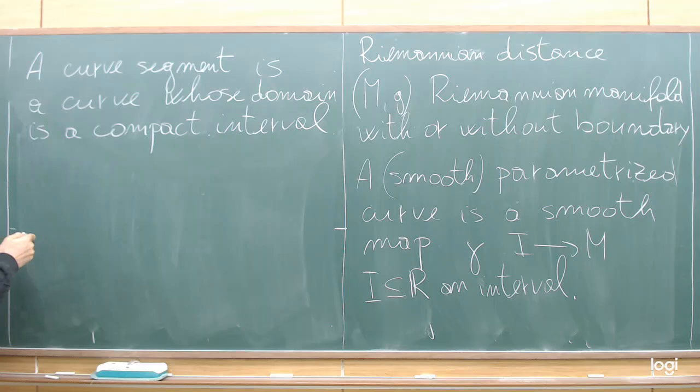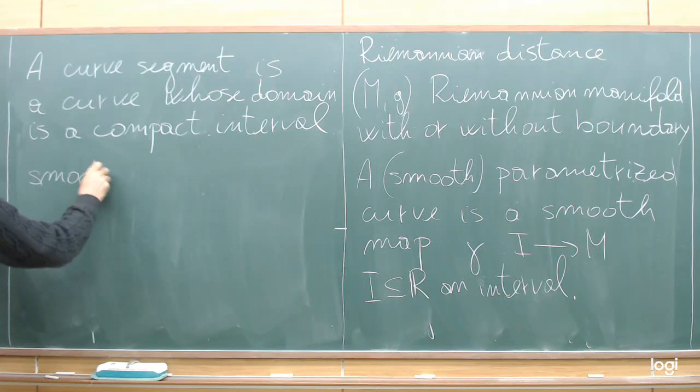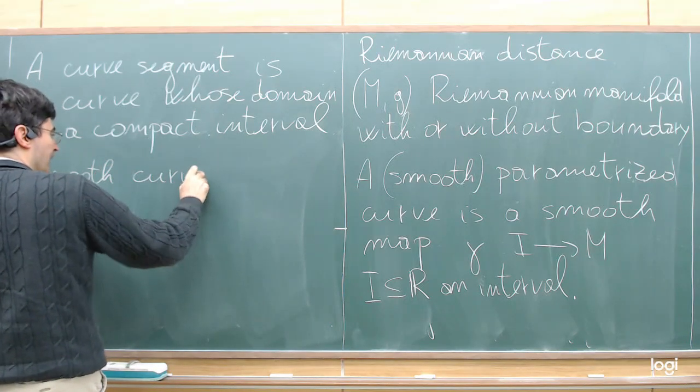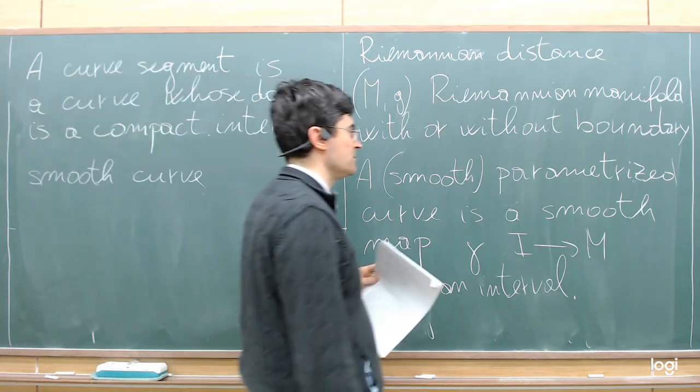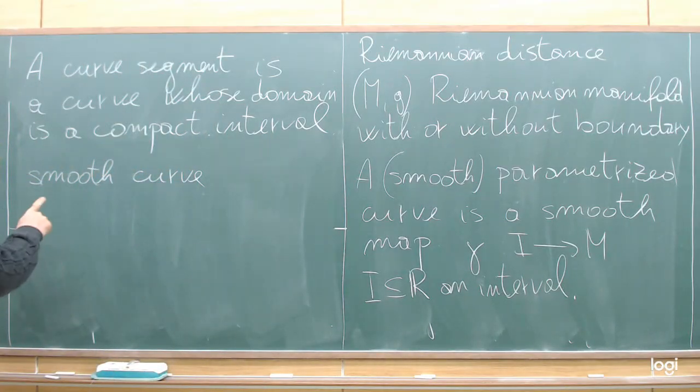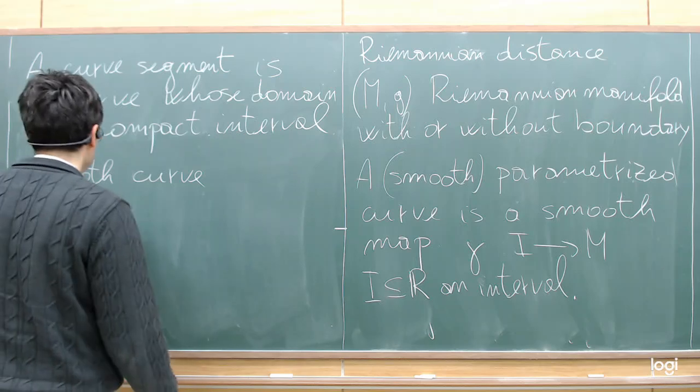To each smooth curve gamma, I am omitting now the adjective parameterized. This is something I will assume all the time in the sequel.